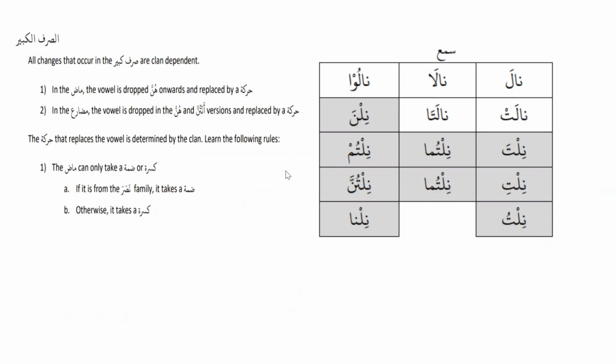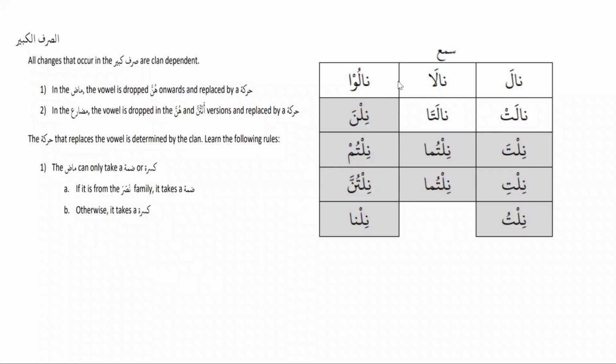You have only two options when you come to the Hunna siga in past tense: you can put either Dhamma or Kasra. Dhamma you can put only in the Nasara family, and for the rest, all other five families in Sulasi Mujarrad, you need to put Kasra. So it is simple, not very complicated.